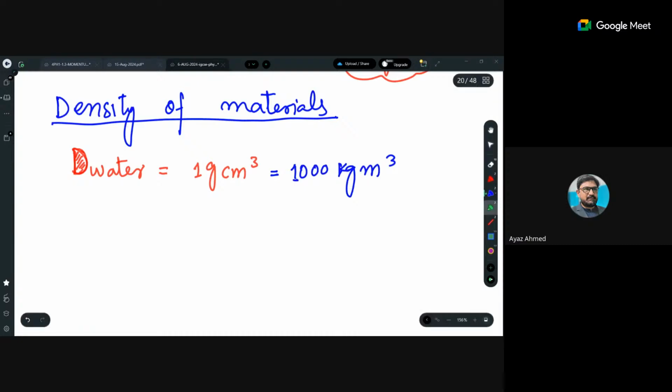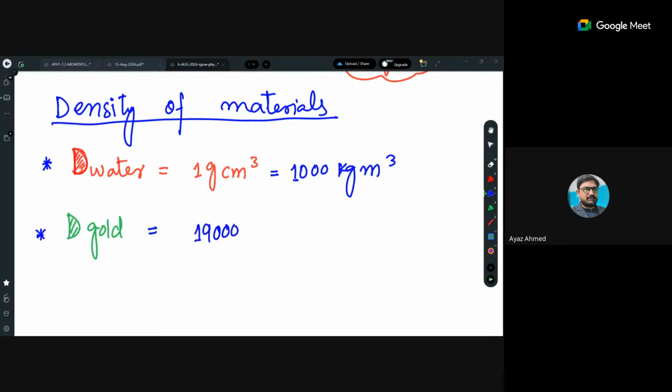And the density of gold. Can anybody tell me, if you have pure gold in your hand and I ask you whether it is pure or not, what you have to do is check the density. That is a prime test, right? Pure gold must have a density of 19,000 kg per cubic meter, I think so.